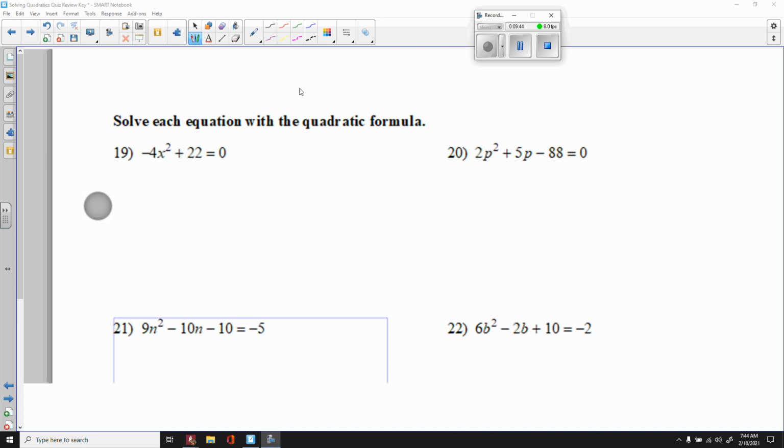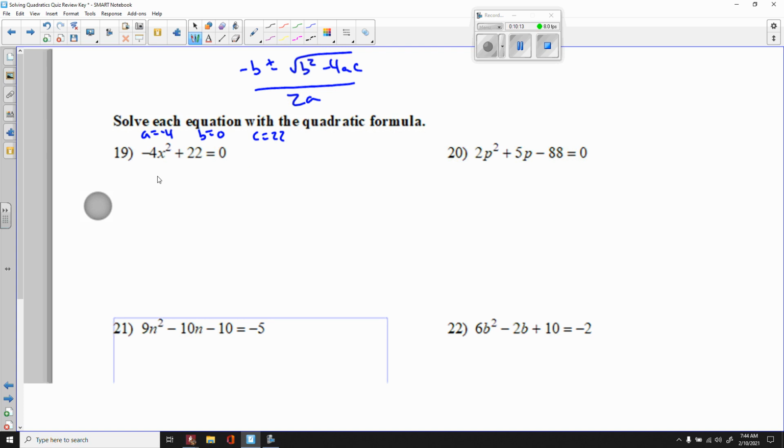And solving with the quadratic formula, remember you get the quadratic formula on the quiz: negative b plus or minus the square root of b squared minus 4ac all over 2a. So in 19, a is negative 4. There is no b, so b is 0 and c is 22.